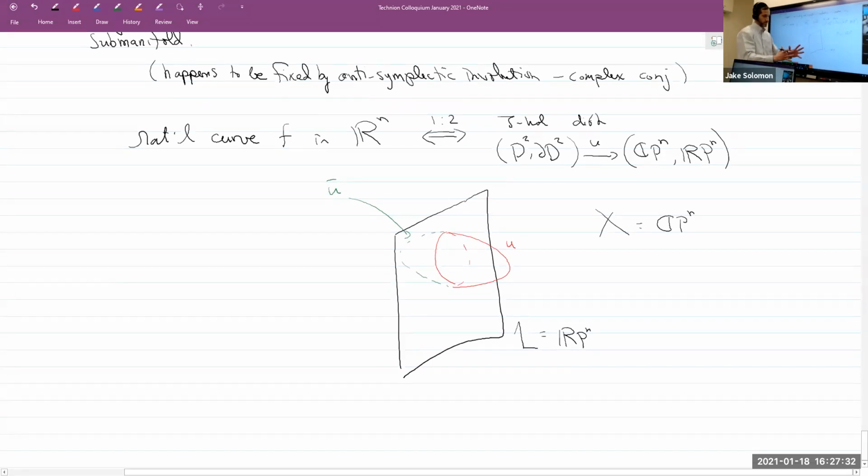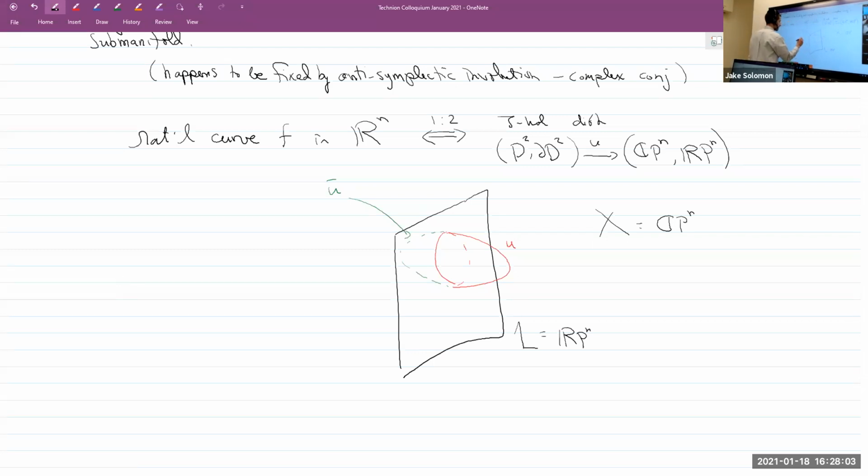You can take U bar and U and glue them together and get a map from the projective line to CPN. When you glue them together, by the GAGA principle, you have to get an actual polynomial map.